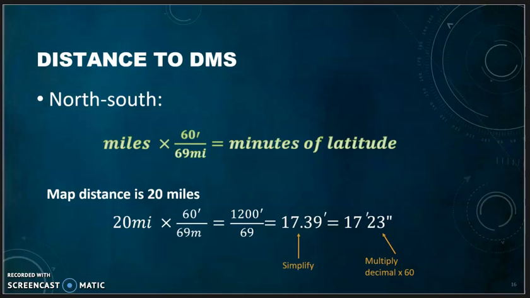Then we simplify, which just means dividing 69 into 1,200. That gives us 17.38889. Remember, we're rounding, so it ends up being 17.39. Then we get that back into degrees, minutes, and seconds. We multiply the decimal by 60, which gives us 17 minutes and 23 seconds of latitude.